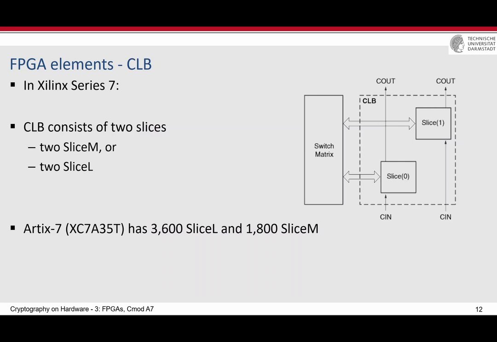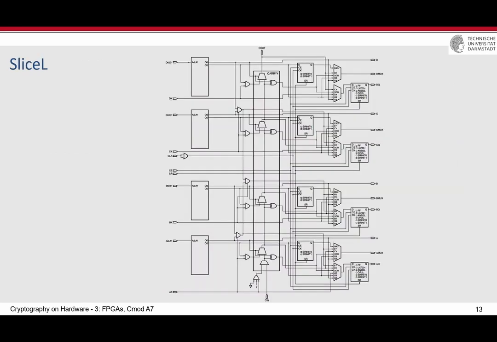This is the FPGA, and it consists of 3600 slice L and 1800 slice M. But what are these slice L and slice M? This might be too small for you to see, and I'm sorry for that. You may search and find the photo and enlarge it. This is a slice L.